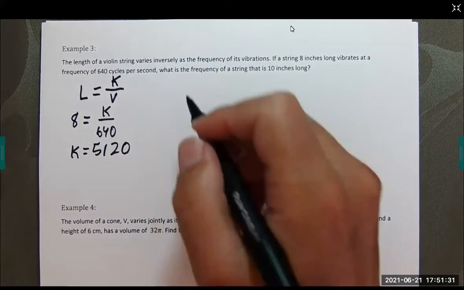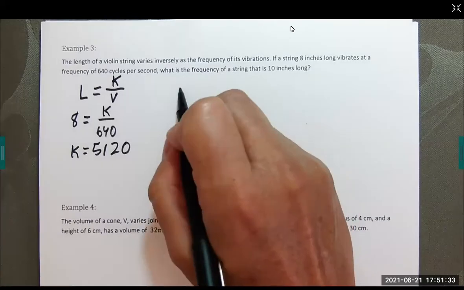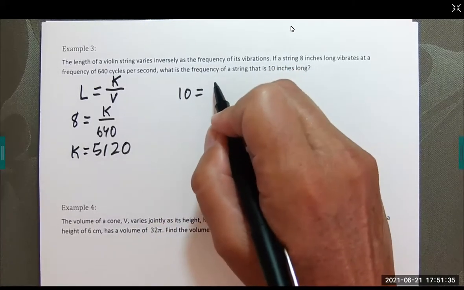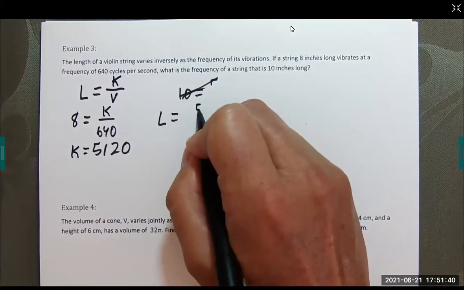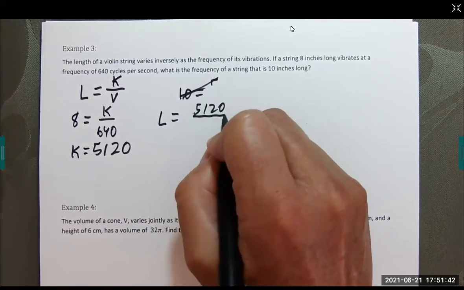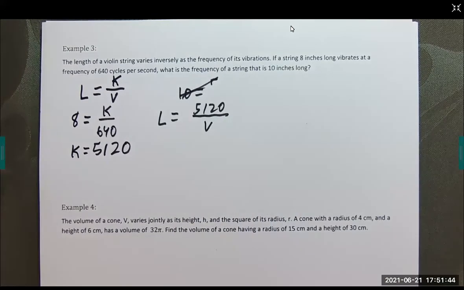All right, so now it's saying, what if the length is 10 inches long? Let's write this as a function first. So L equals 5120 over B. And now let's let L be 10.